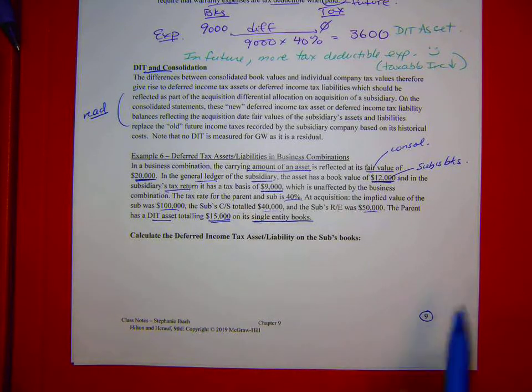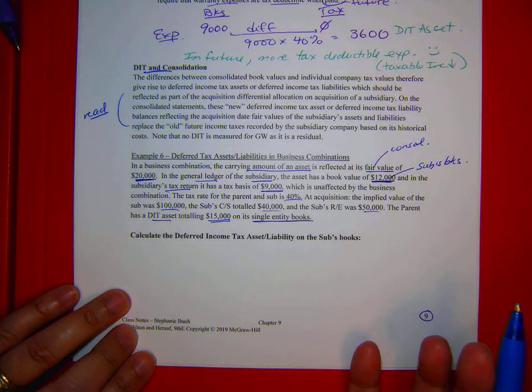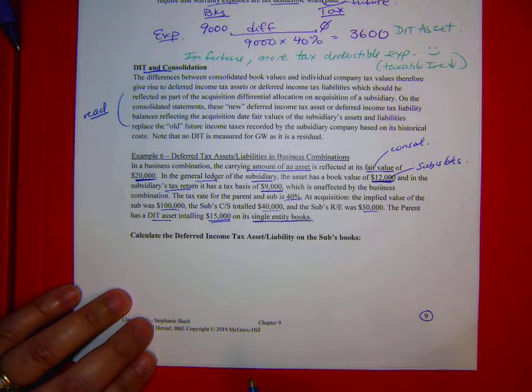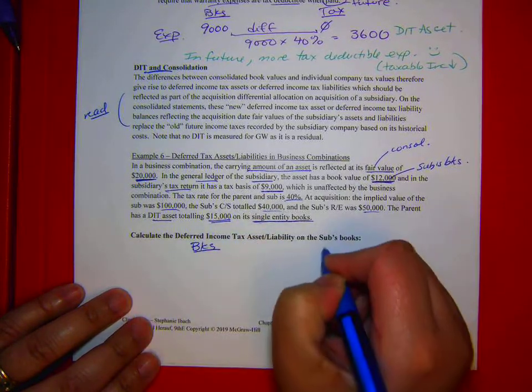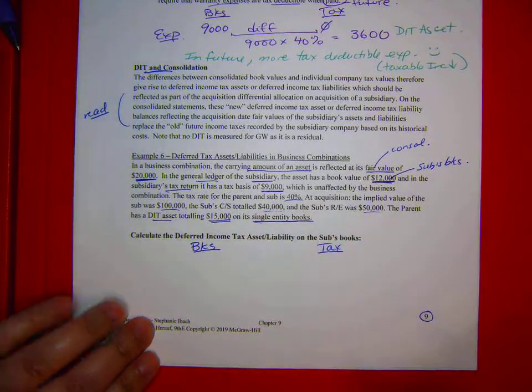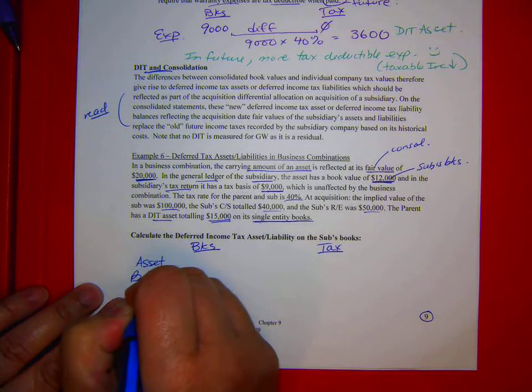So, first we need to know, does the sub have a DIT asset or liability on its books? Because it doesn't tell us here. So, we're going to do our books. We're going to do tax, and then we know it's about an asset, so we're going to put asset balance.